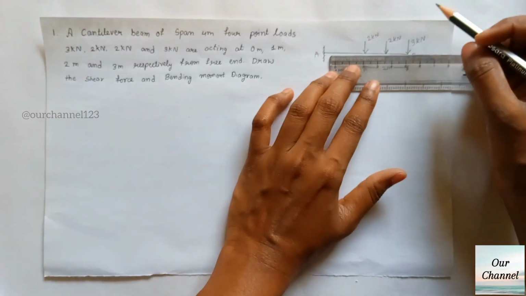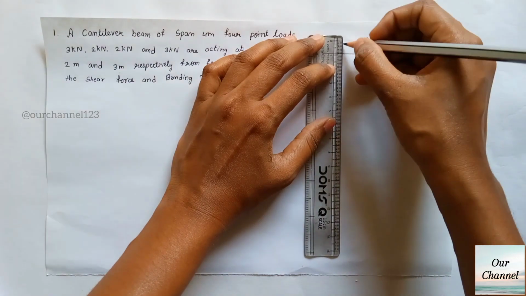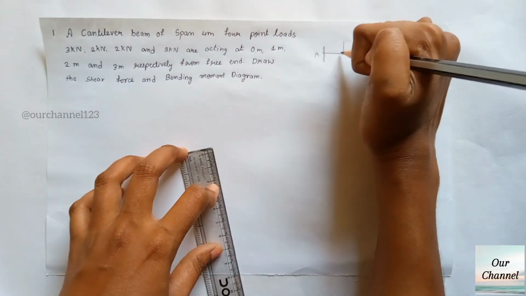Last point load 3 kilonewton is at 3 meters from the free end. Mark a point and draw the point load.